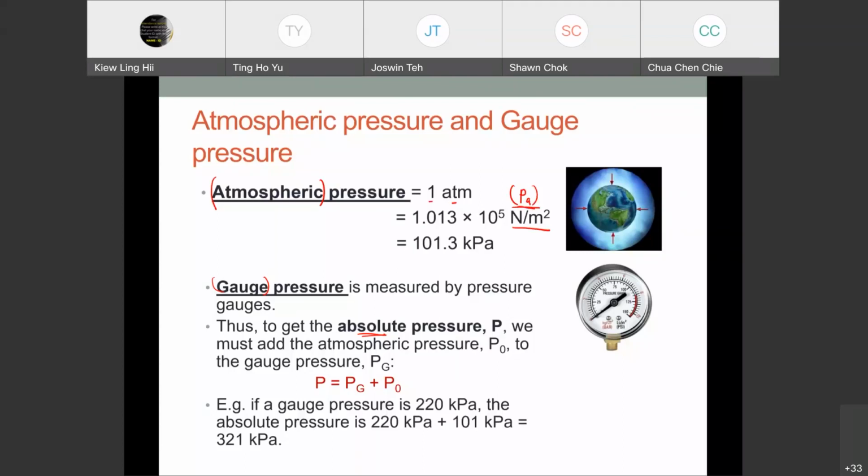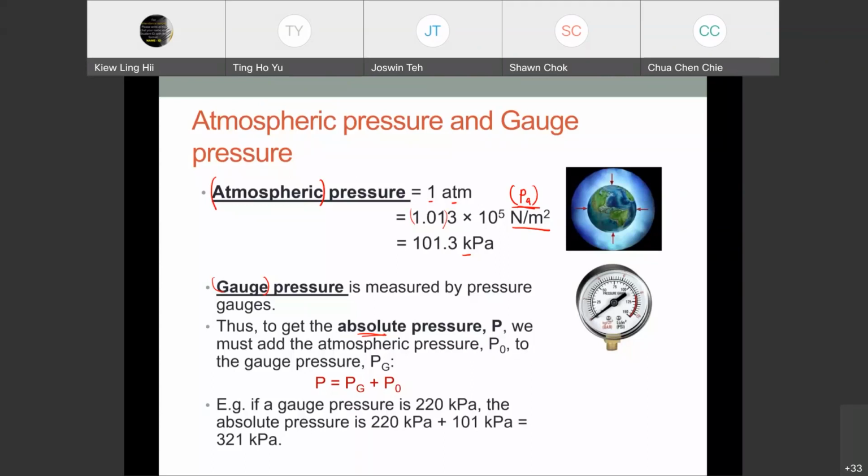So you can also write it as 101.3 kPa. Usually if we want to keep it in 3 significant figures, just put 1.01, but using 1.01 or 1.013 is also acceptable.